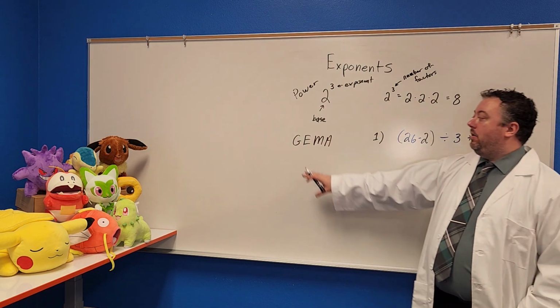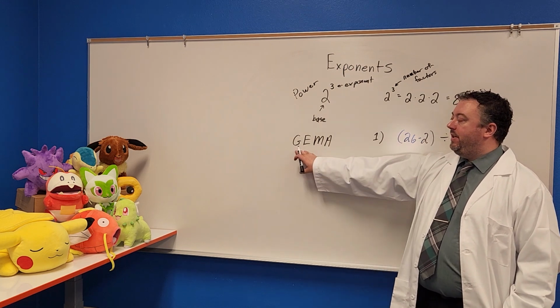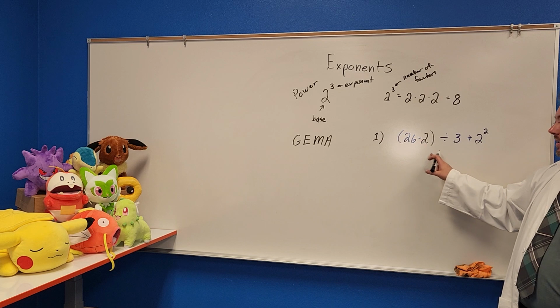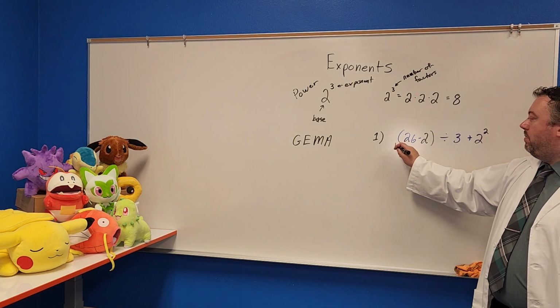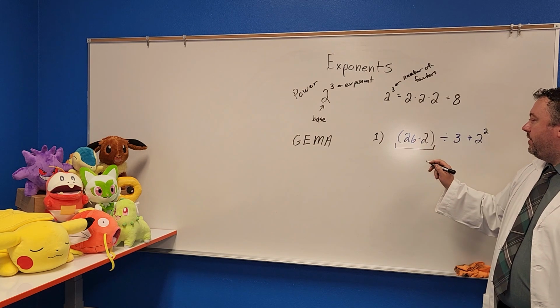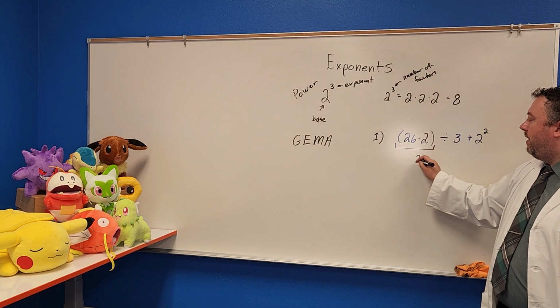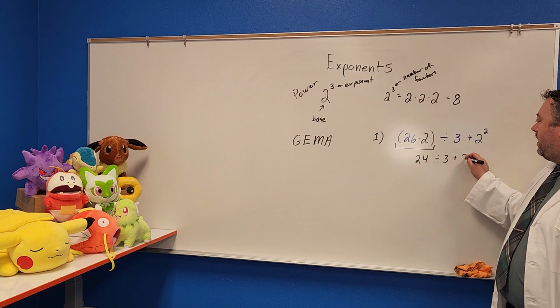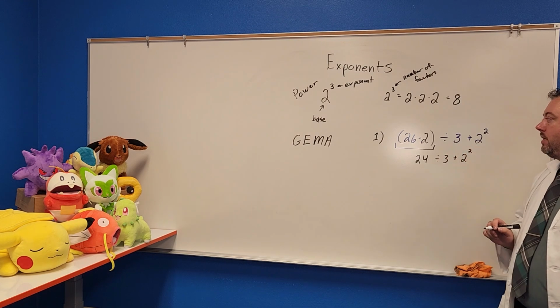We must follow GEMMA, grouping symbols first. We do have parentheses, which must go first. 26 minus 2 is 24. Bring down the division, and bring down the power.